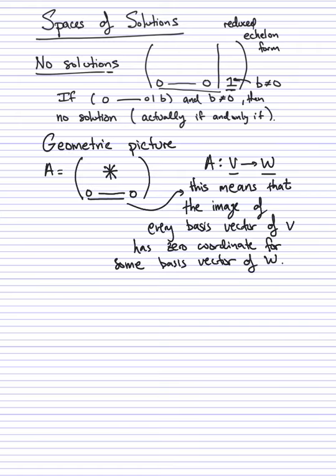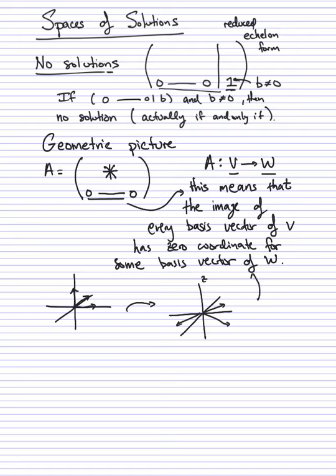Okay? So let me just draw this. If it was going from, say, R3 to R3 in the standard basis, then what it would say is every basis vector will get sent to a vector with 0, say, z coordinate. So all the images of the 3 basis vectors, I don't exactly know what they are, but I know they have to be in the xy plane.